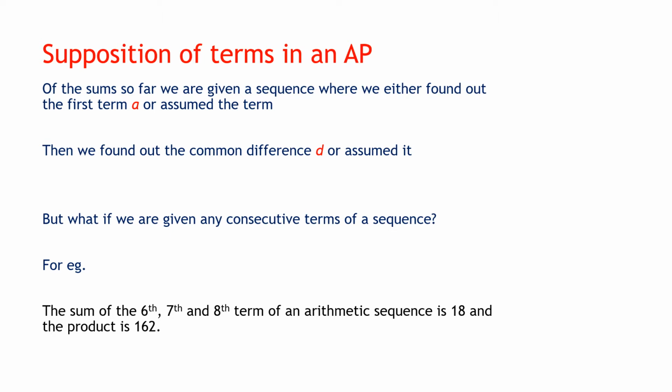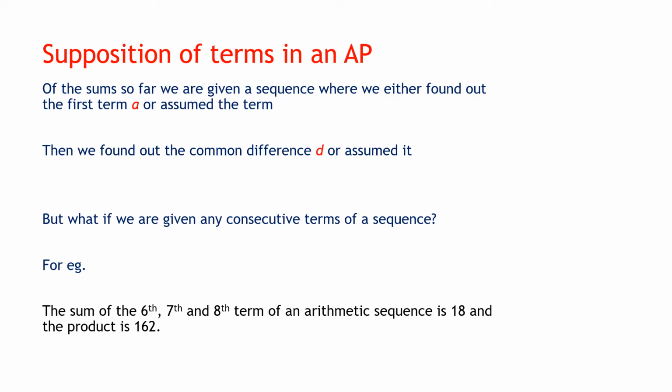So we have done so far the sums in which we found out a or d or n and solved the sums. In certain sums, we assume the first term to be a and the common difference to be d. Now we are moving to sums in which the first term or the common difference is not given, but we might need to assume it.